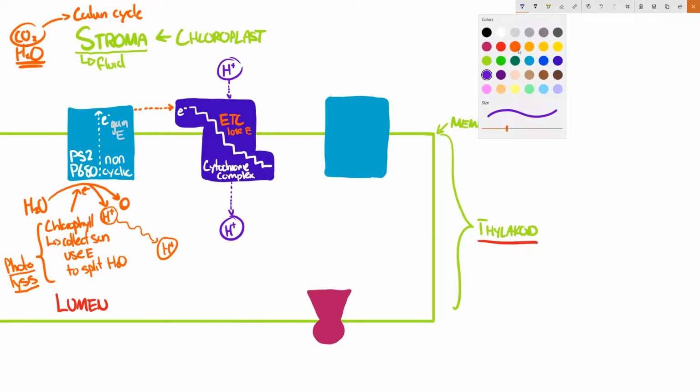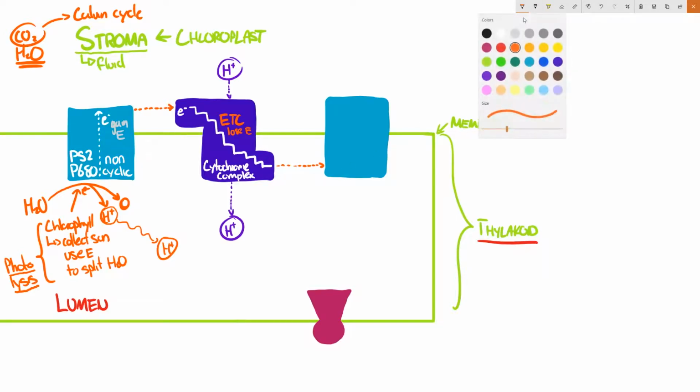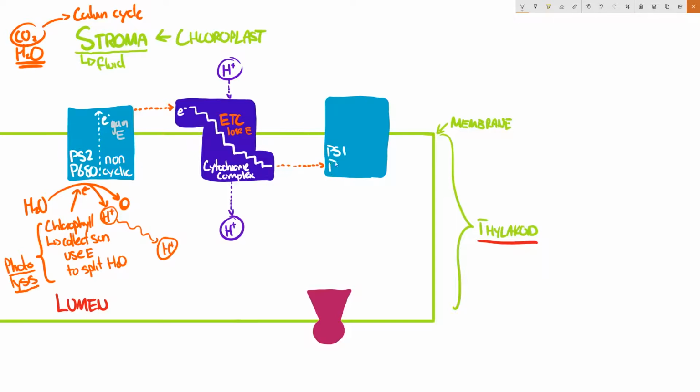Great, so the next destination is to get passed on to the last protein here. This one is called photosystem 1, or P700, or the cyclic photosystem. Like before, we have chlorophyll here.